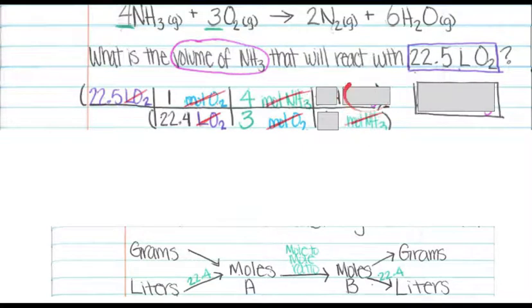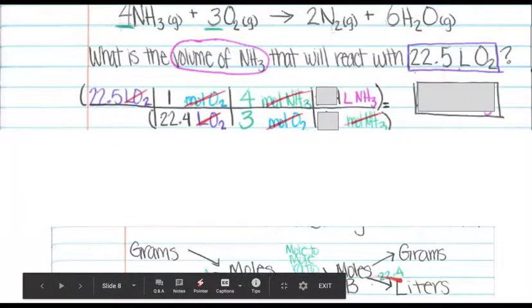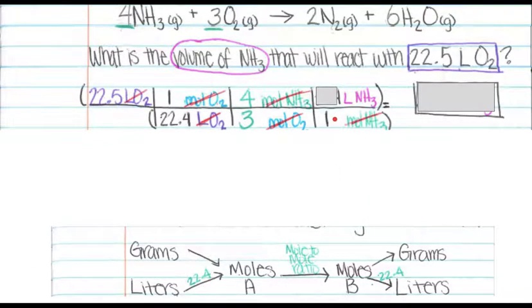At the very top is going to be my last unit desired, which is liters of ammonia. Now I have to figure out what numbers I'm going to plug in next to these units. Because this is a mole conversion, I'm thinking about how many liters are in 1 mole. So next to the mole is going to be 1, and liters in a mole is 22.4.